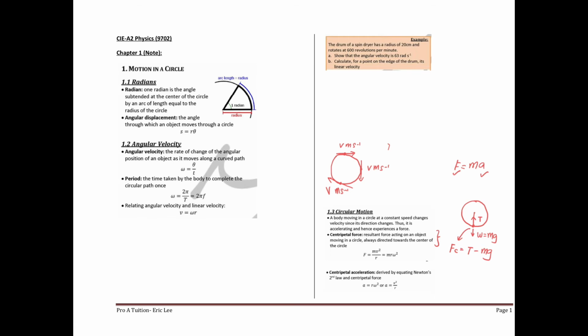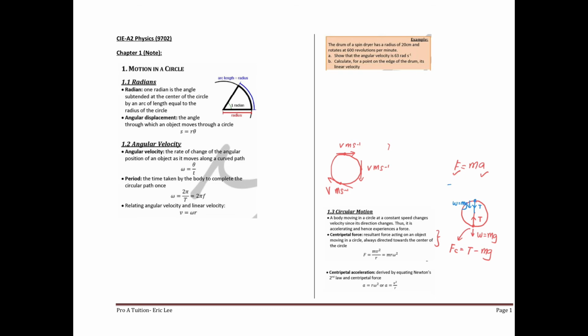If, let's say, the particle continues its circular motion and reaches somewhere above of the circle, so you can look at the blue color, the particle reaches here. In this situation, the tension is acting downward, the weight of the particle is also acting downward.